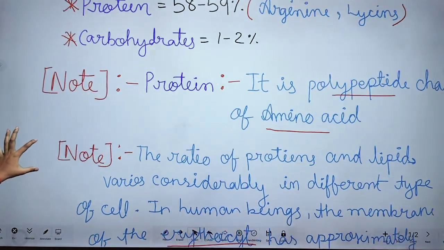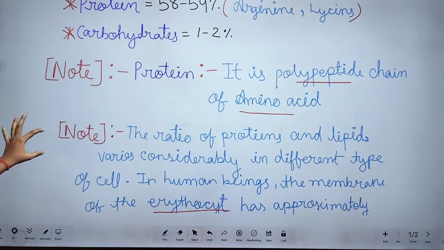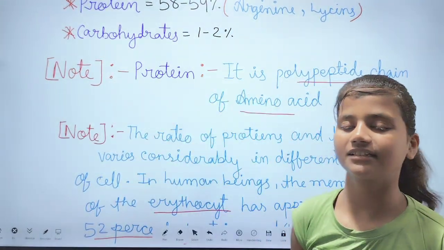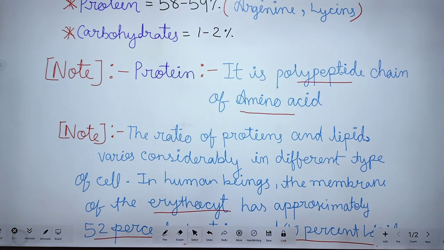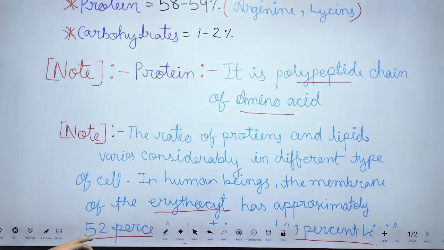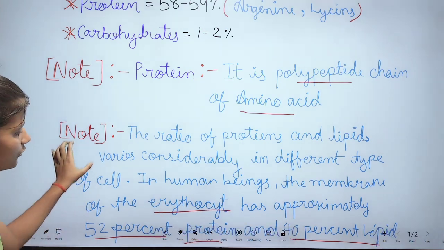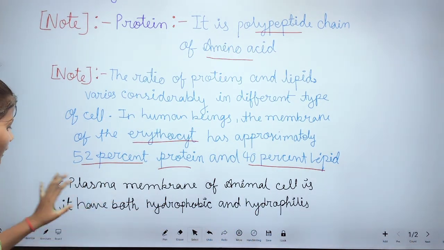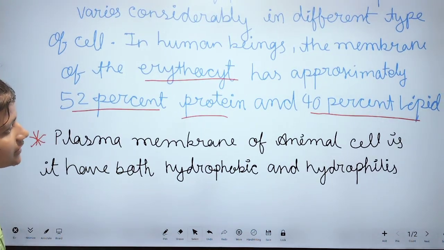The ratio of protein and lipid varies considerably in different types of cell. But in human beings, the membrane of erythrocyte has approximately 52% protein and 40% lipid.